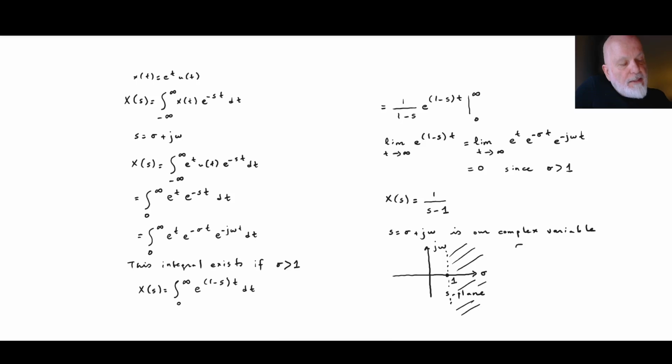So the subset of S, which is all those S in the form sigma plus j omega, such that sigma is greater than 1, is called the region of convergence.